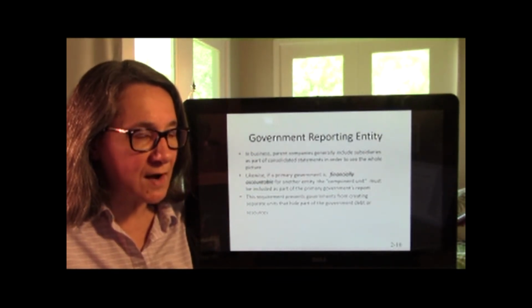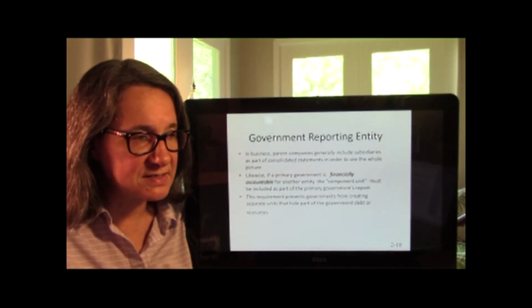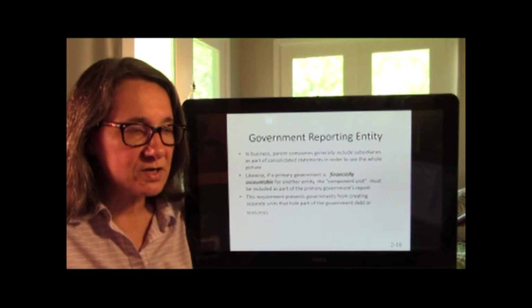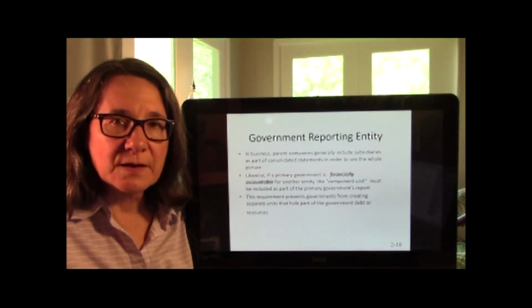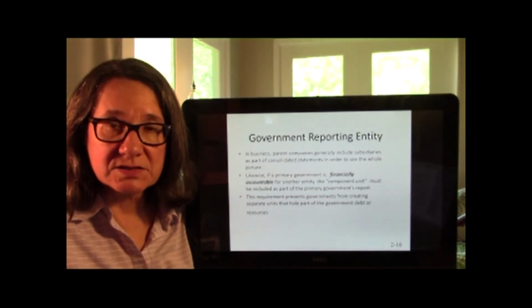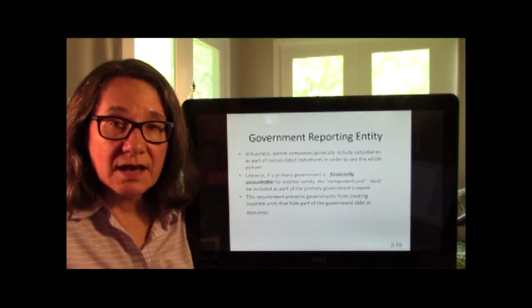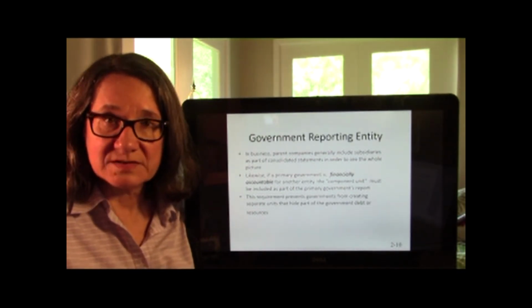So if a primary government is financially accountable for another entity, that component unit must be included as part of the primary government report. So here at Texas A&M Kingsville, we do our own financial statements, and then they get kicked up to the system, and the system prepares financial statements.